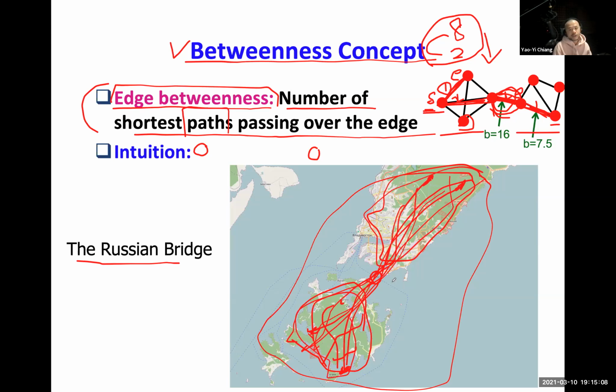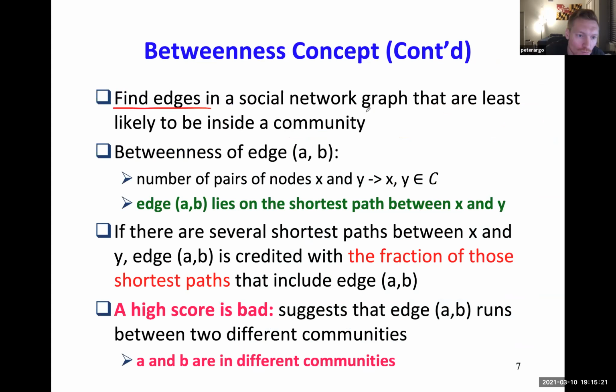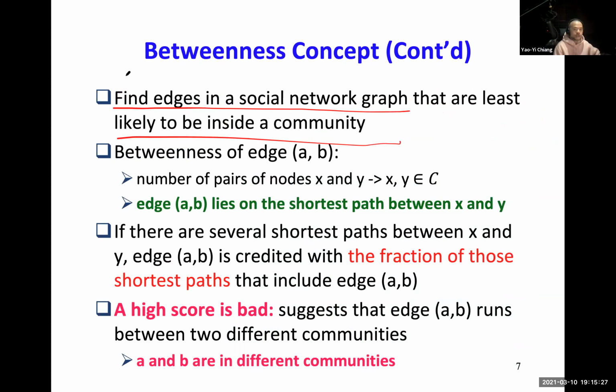So you can expect that your Russian bridge will have a high betweenness number. And this is the entire idea of this betweenness concept. Our goal is to find edges in a social network graph that are least likely to be inside a community, right? That's the one with a high betweenness number, your Russian bridge.